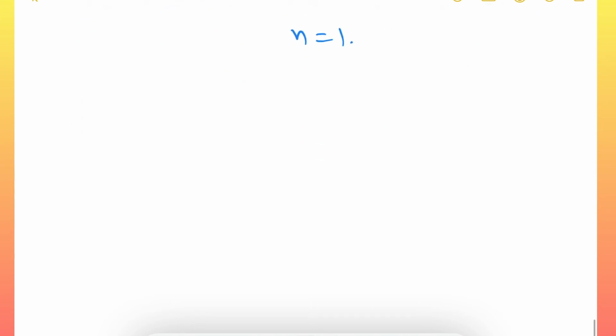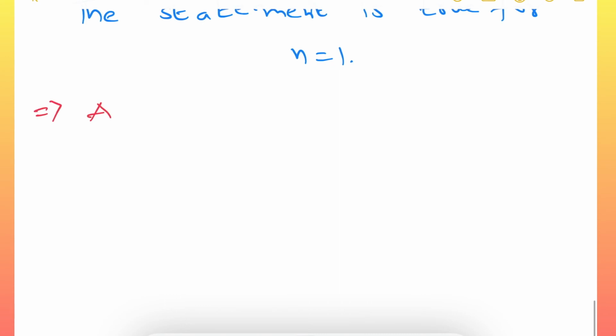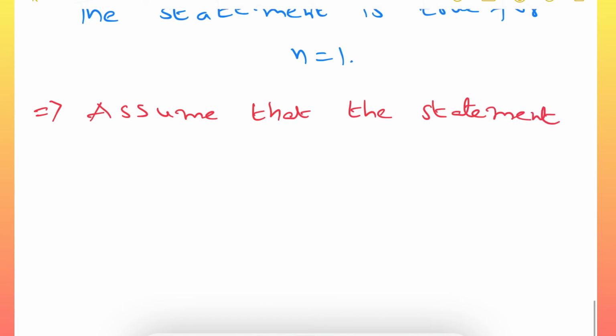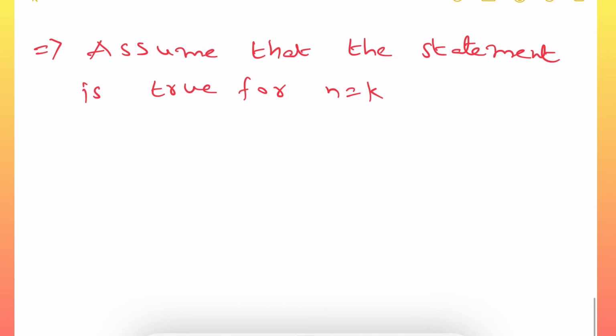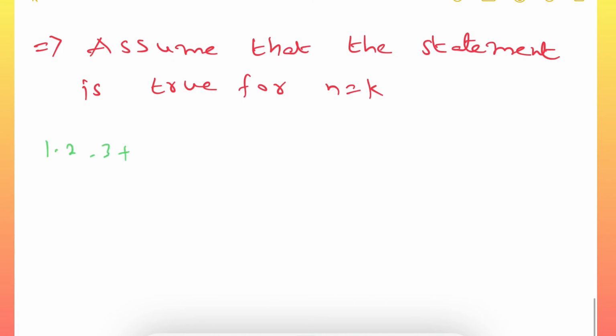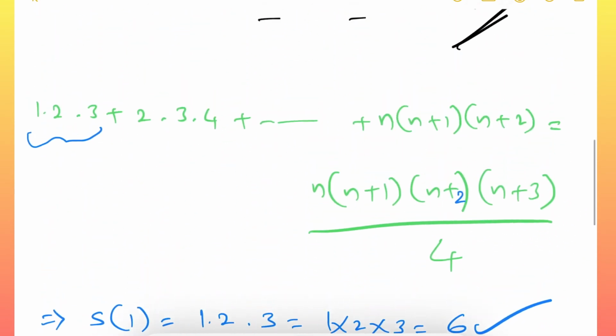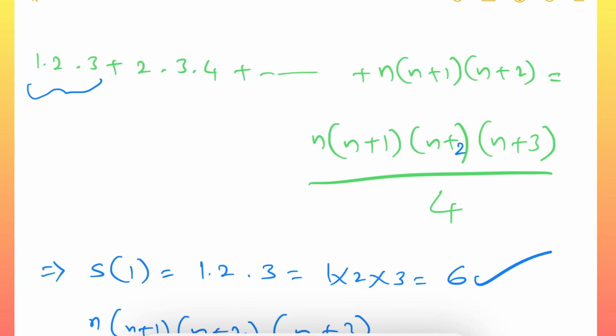Okay, next, second step. Assume that the statement is true for n equals k. So now in the question, wherever we have n, in the place of n we need to substitute k. Let us check now. We have 1 into 2 into 3 plus 2 into 3 into 4 plus and so on, n into n plus 1 into n plus 2 is there.